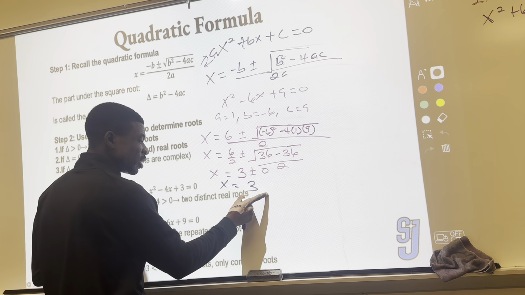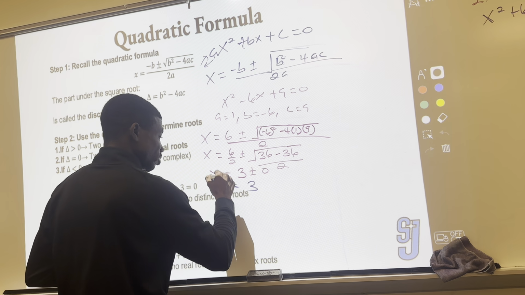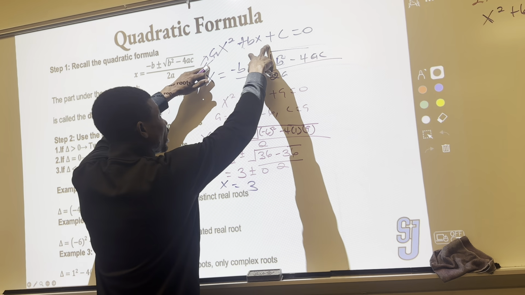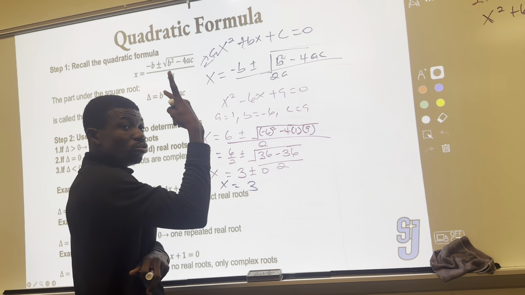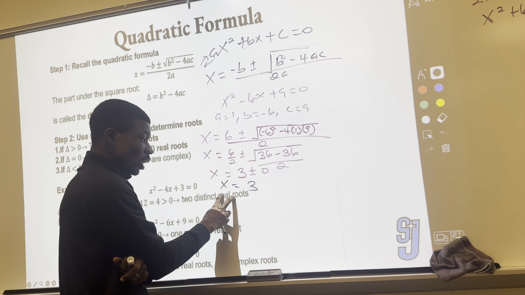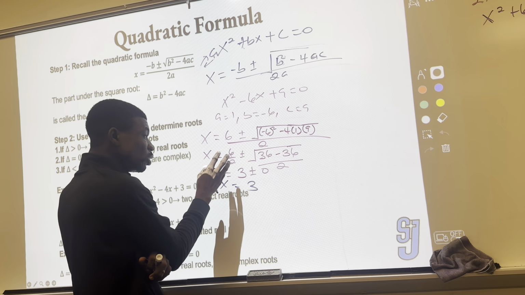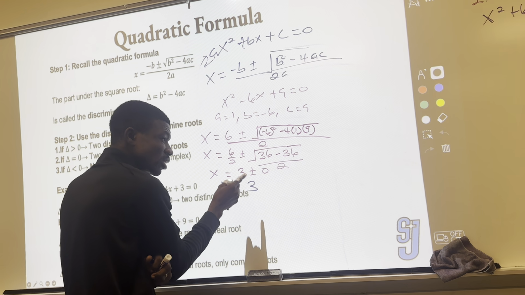But we say that this is twice, because it's a quadratic equation. You're supposed to get 2 roots. Anytime you solve and the root part is equal to 0, it's giving you this, but this is 2 times.